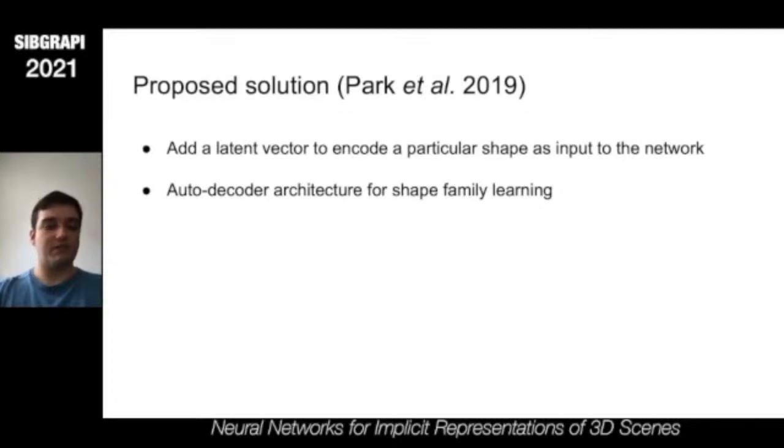And they propose an auto-decoder architecture for shape family learning. Instead of training a feed-forward model to learn only a single shape, now we train the same model to learn a family of shapes, such as a family of planes, chairs, sofas, etc. A class of objects instead of a single one.